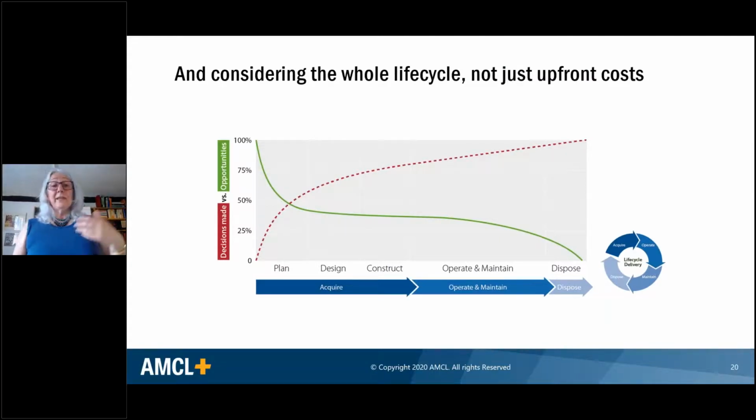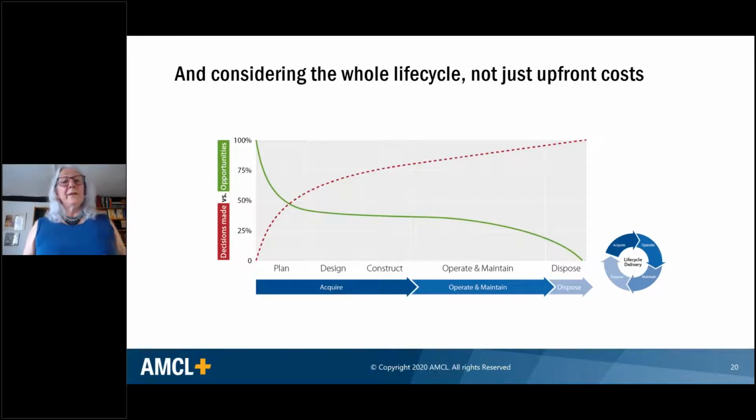Touched on already that we need to think about the whole life cycle, and there is a particular cultural challenge for us, which is the people who make the decisions at the beginning of the life cycle have a disproportional impact on the overall life cycle. If we make a poor decision at the front, everybody will be living with that decision for the rest of the time we have that asset.